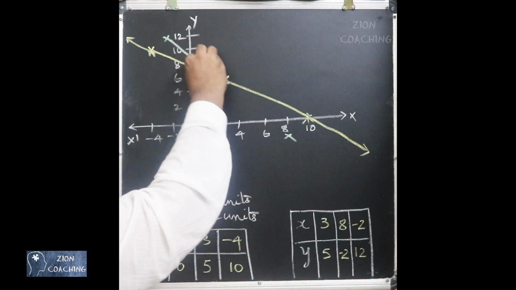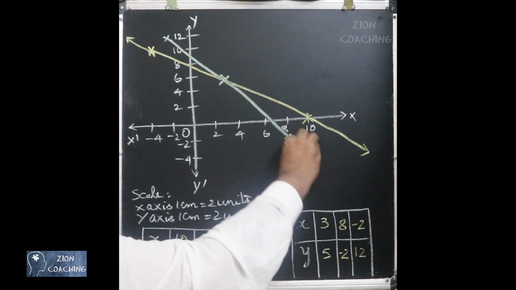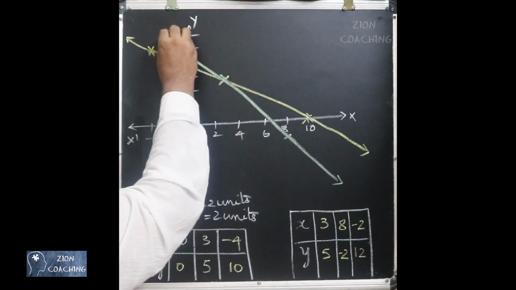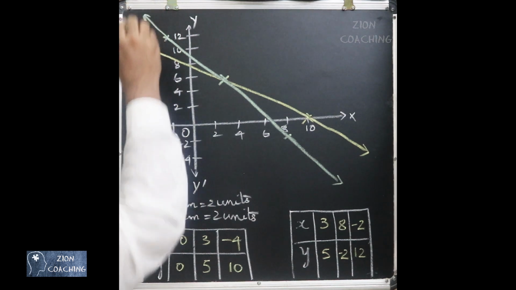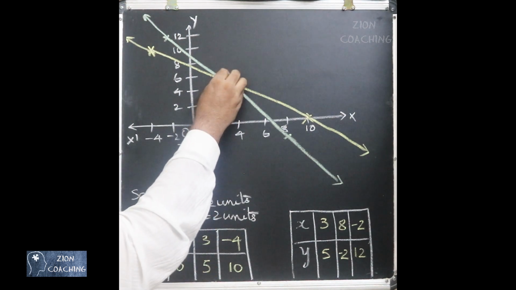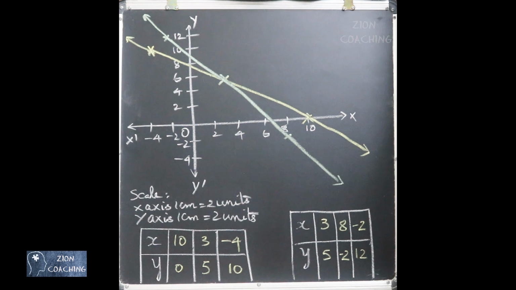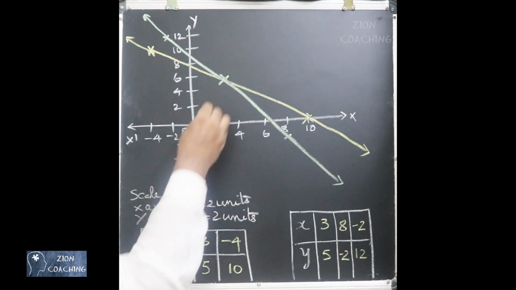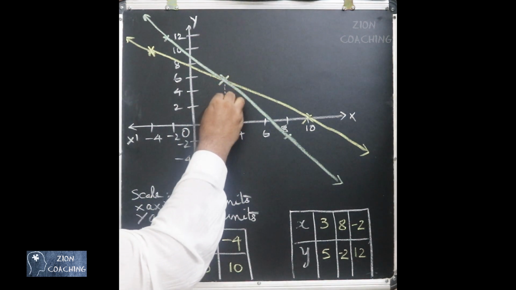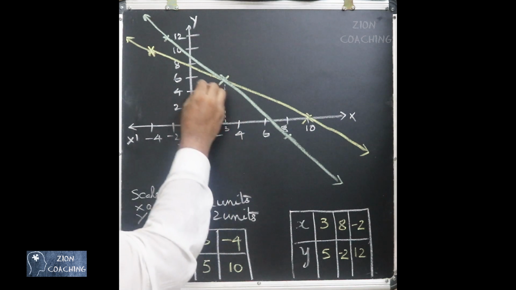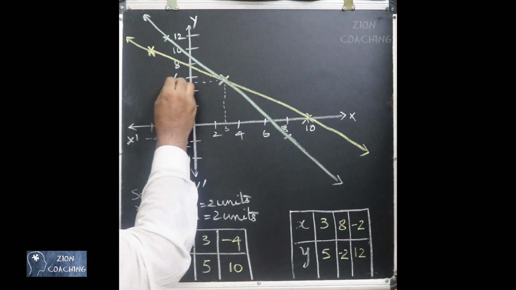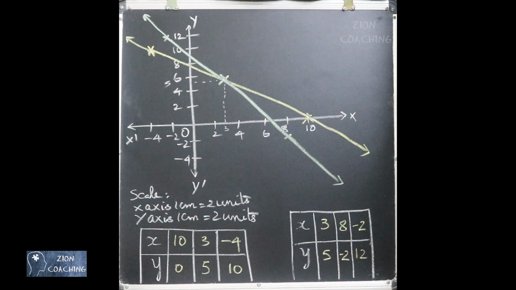So it is going to be like this. Now you can see that the meeting point, the point of intersection is going to give you the solution. The x coordinate is 3, y coordinate is 5. So that is the solution.